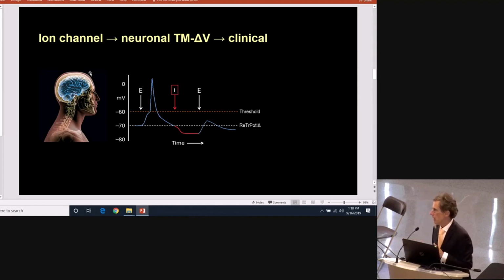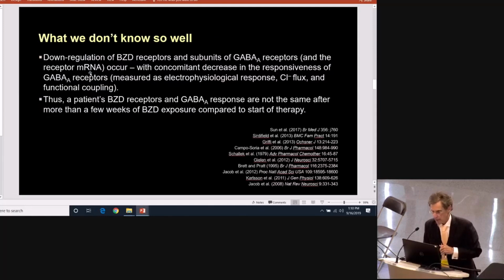But you just tend not to respond with the same excitation as you would otherwise, which is ideal for somebody with anxiety. And we know exactly how that works. It has to do with modifying the transmembrane influx of chloride ion. And it hyperpolarizes the neurons. I mean, it's a beautiful story. We know all about it.